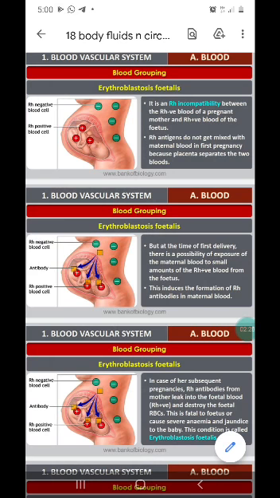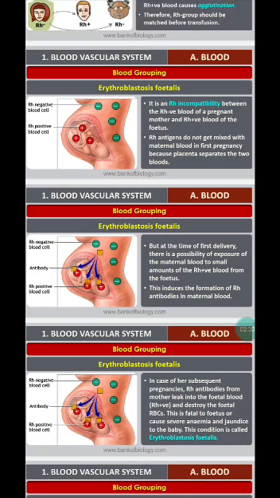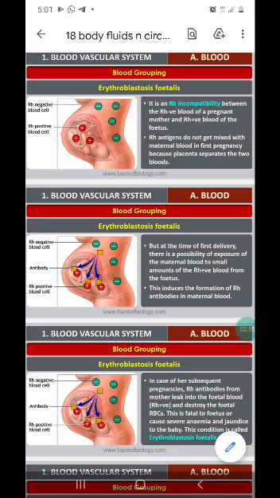The blood doesn't get mixed, and the mother's body does not produce antibodies because she's negative and has no antigen at all. So there is no problem in the first pregnancy, but during or after delivery there is a chance of mixing of the blood. A little bit of blood oozes from the fetus into the mother's blood.